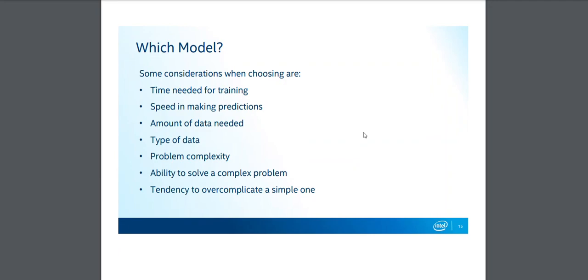So when we try to figure out which model we're going to use, there's a lot of stuff that we need to think about. The time needed to do the training, the resources needed to do the training. Now when I say resources, I may have mentioned this in a previous lecture video, but there was an assignment that I had when I was in grad school, and the professor wanted us to perform a prediction based on DNA strings. And I said, here's the model I'm going to use. And it was a model that I was not familiar with.